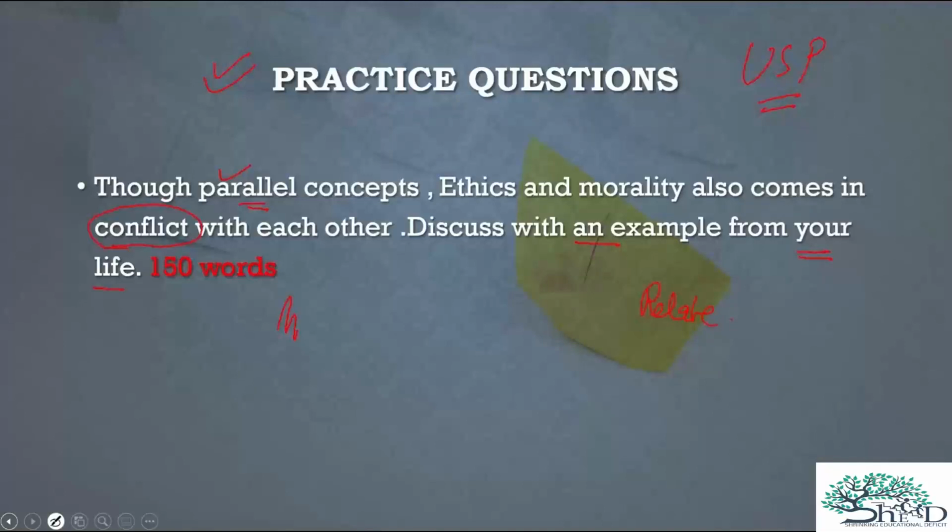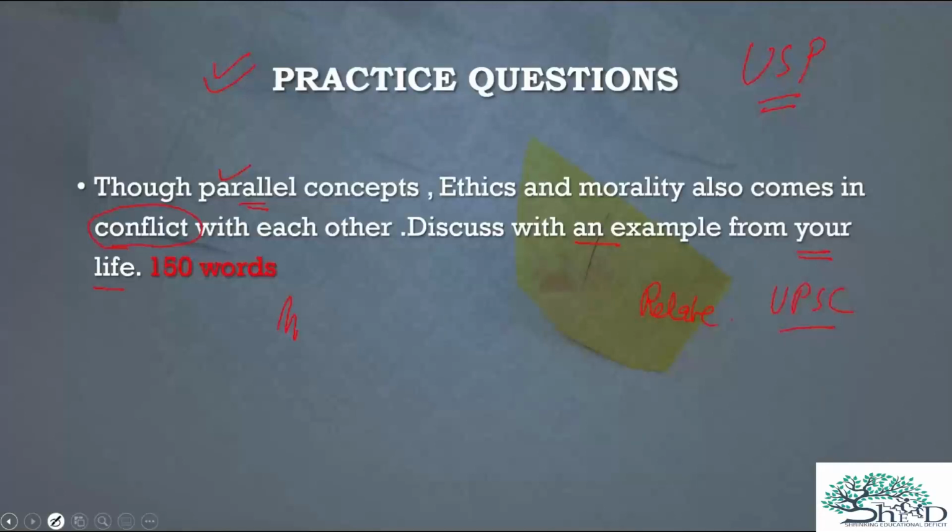All right, relate with your life and make note of that, because many times UPSC asks what this quote means for you. Simple as that. Or please give an example of this incident or this value in your life where you used it. So how will you be able to think that in the exam? There is no time to think in the exam.